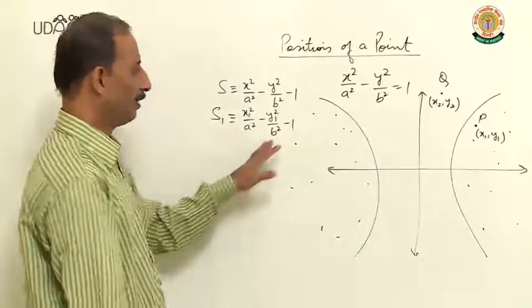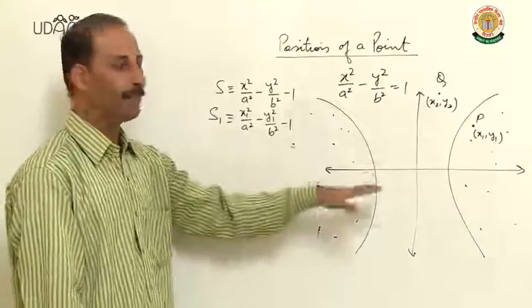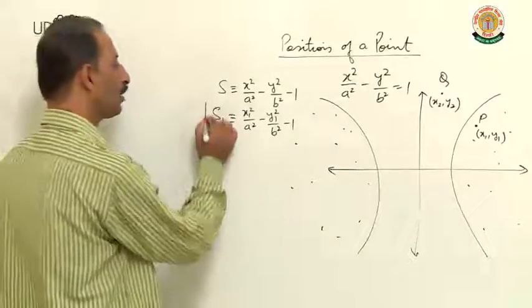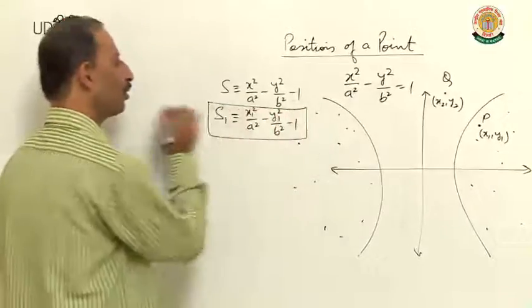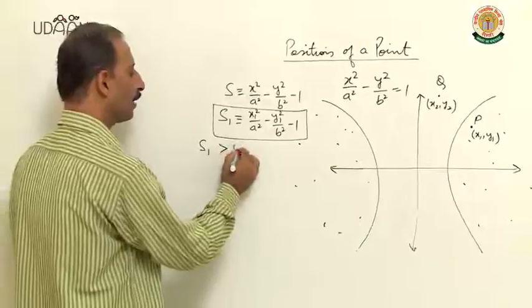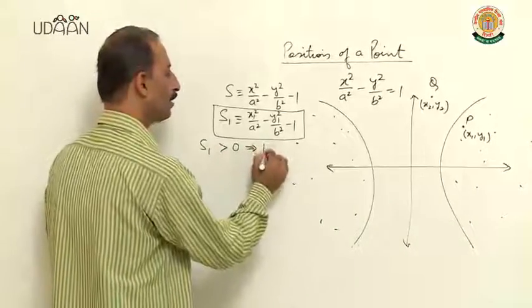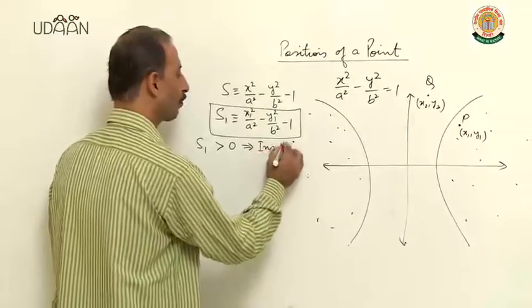Now to decide whether the point is inside, outside or on the hyperbola, this value of S1 will decide the position of the point. If S1 is greater than 0, then the point lies inside the hyperbola.